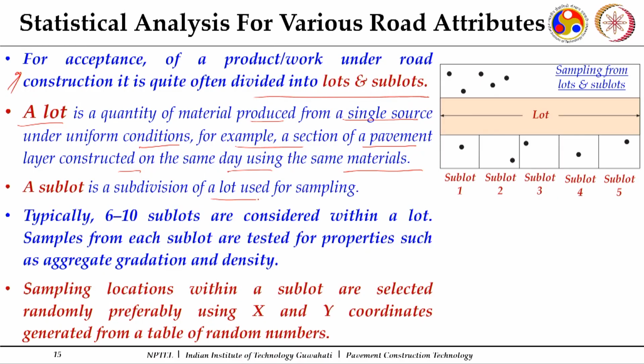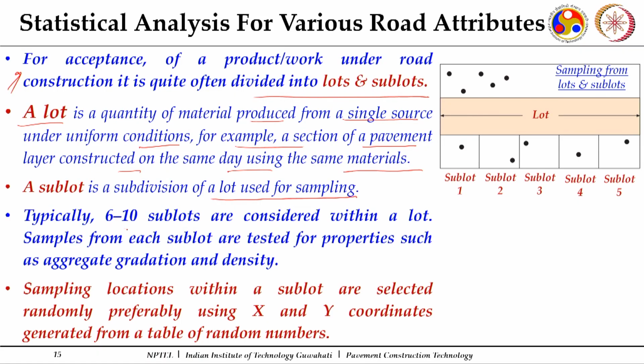A sublot is a division of a lot specifically used for sampling purposes. So, how can I reduce a lot to sublots so that I can do some sampling there? Depending upon the different characteristics, we may have to work out around 6 to 10 samples, and that will again depend upon the frequency stated in our codal specifications or contract agreement for a specific characteristic.